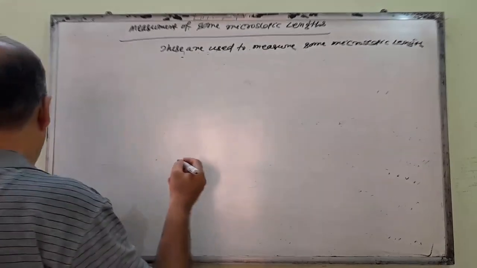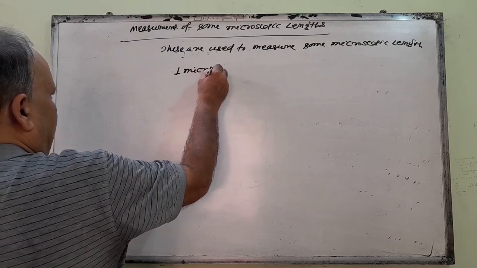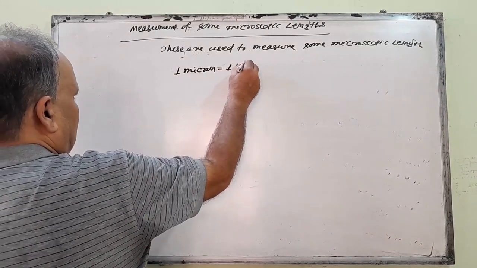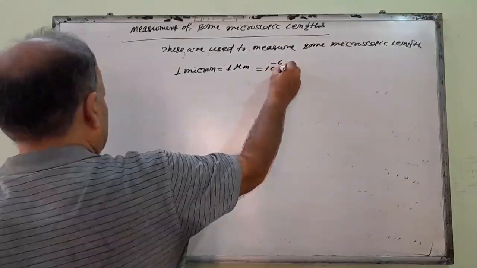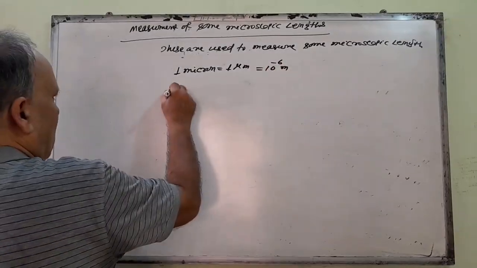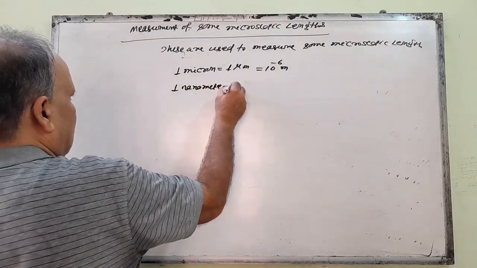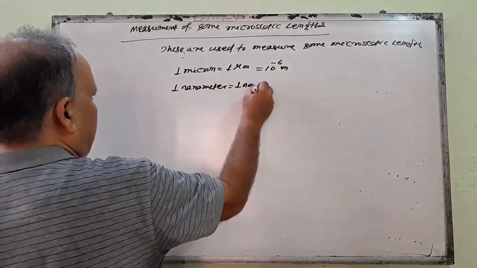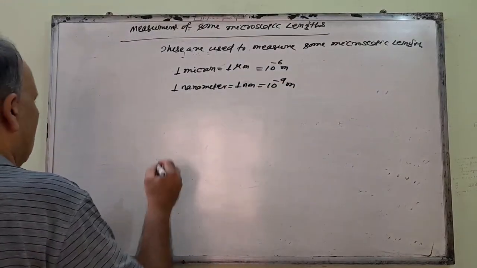You see, first, 1 micron, you can write 1 micrometer is equal to 10 to the power minus 6 meter. 1 nanometer, that is 1 nm, is equal to 10 to the power minus 9 meter.